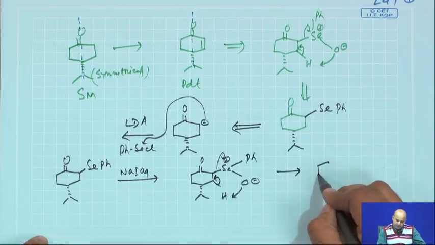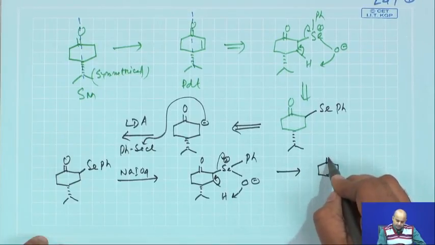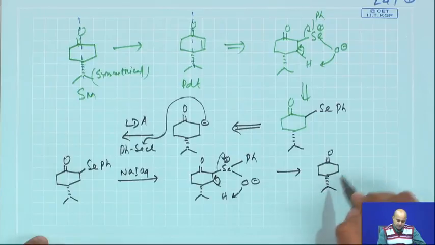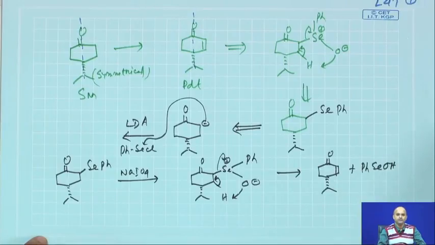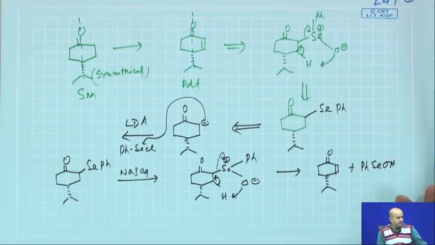So, basically you will get the desymmetrized product with the PhSeOH, phenyl selenic acid. So, in this way basically you can do a very nice desymmetrization concept.